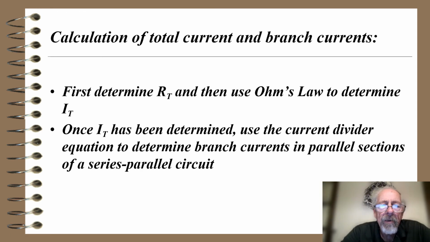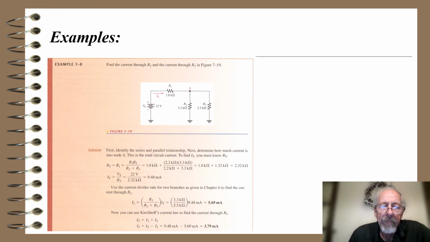So how do we calculate the total current and branch currents? We first determine R total and then use Ohm's law to determine I total. Once I total has been determined, use the current divider equation to determine branch currents in parallel sections of a series parallel circuit. So here's an example. This one has 3 resistors. And the first thing it does is calculate an R total, which is 2.32 k ohms.